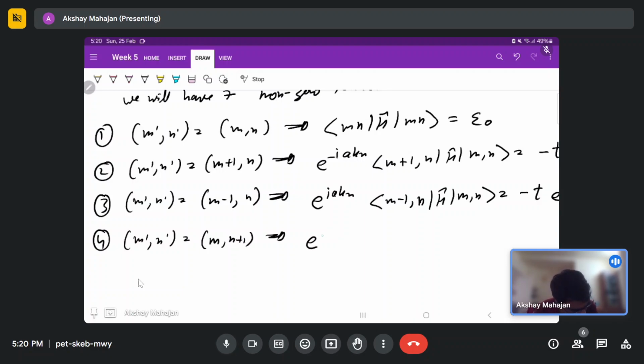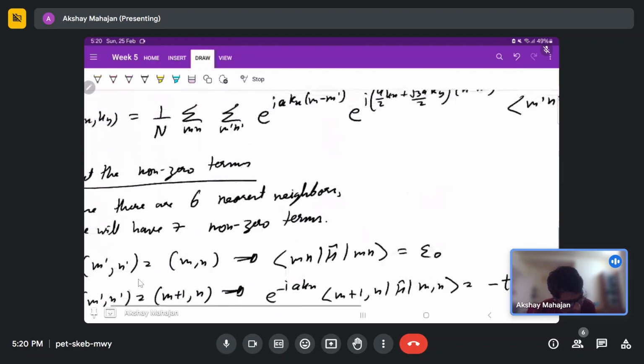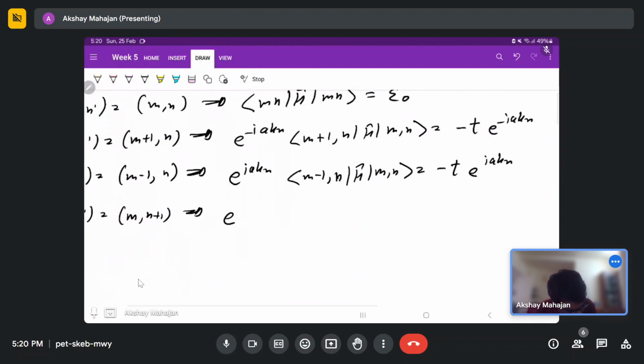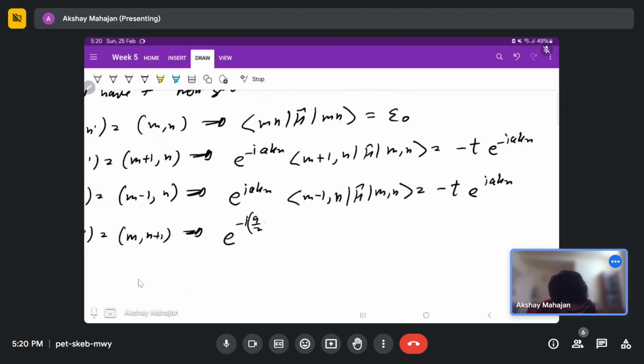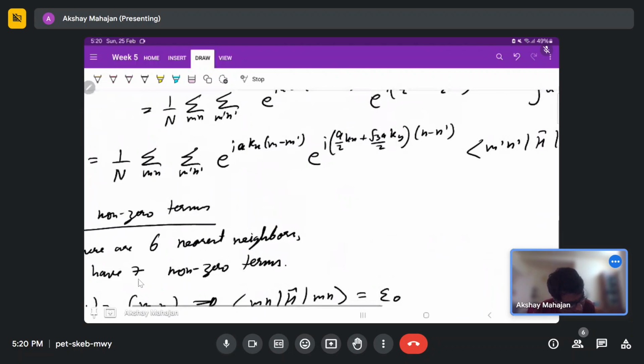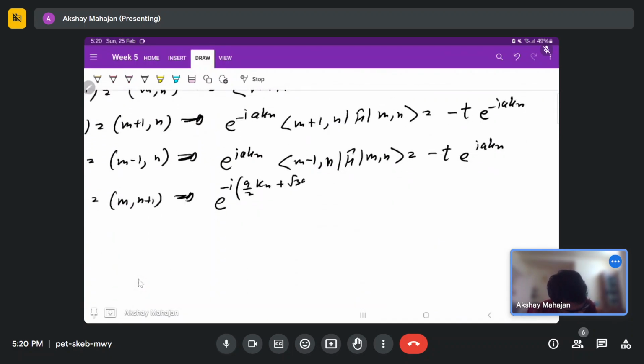So if you have n plus 1, it will be e to the power minus iota (a by 2 kx plus root 3 a by 2 ky), m comma n plus 1 H cap m comma n.